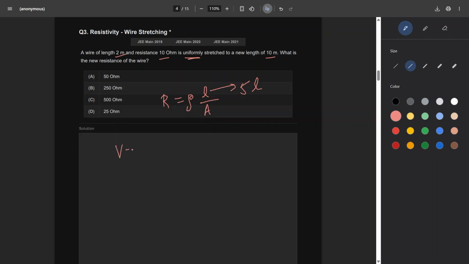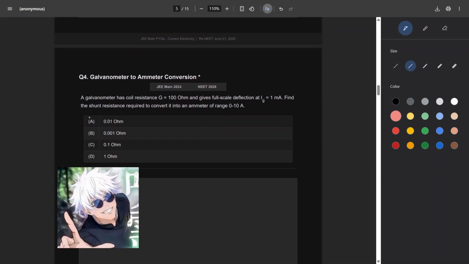But the volume remains constant, right? So if we do it like this, so it has to decrease, right? So area becomes A upon 5. 5 goes up. So we have 25 R. Simple. R was 10. So it will be 250 now. Just takes 5 seconds to answer the question.